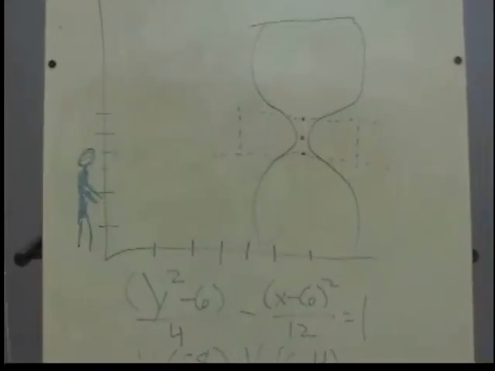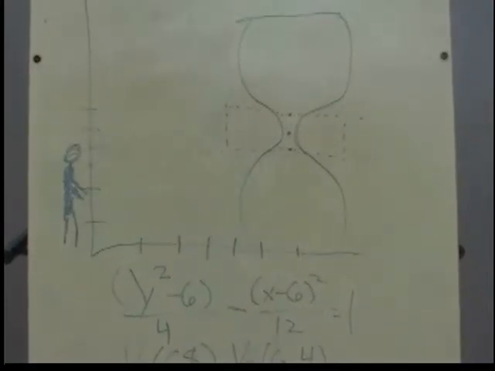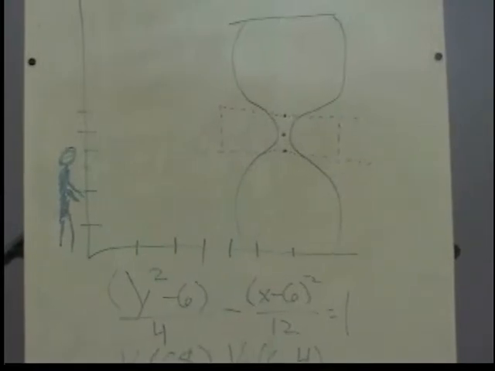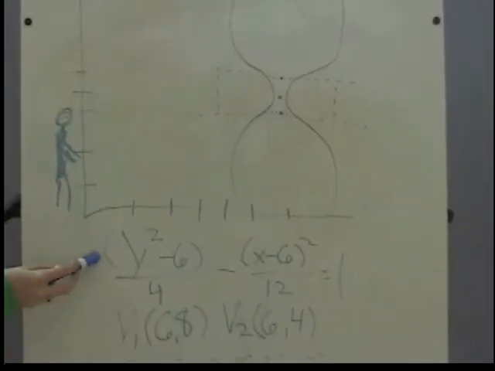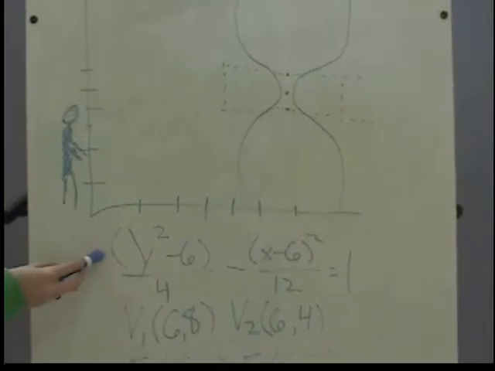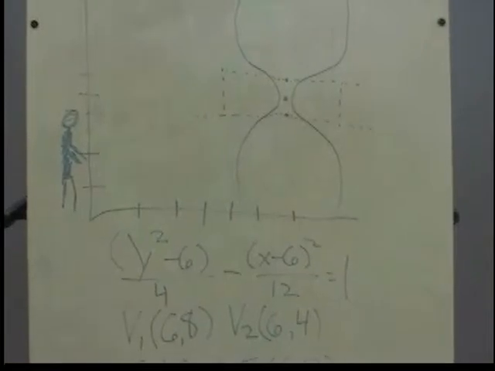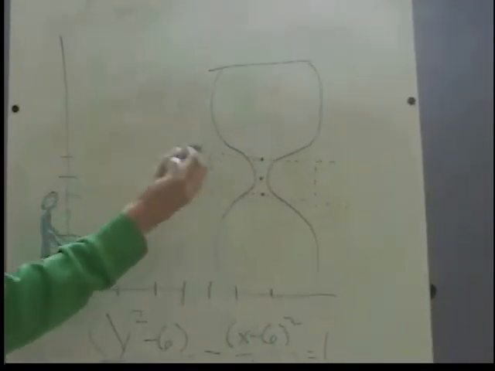So, when Jasmine is trapped in the hourglass by Jafar, the hourglass is shaped like a hyperbola. So the middle of the hourglass, in comparison to Aladdin, in the equation is approximately (y minus 6) squared over 4 minus (x minus 6) squared over 12 equals 1. Y is first because the hyperbola is going up and down.